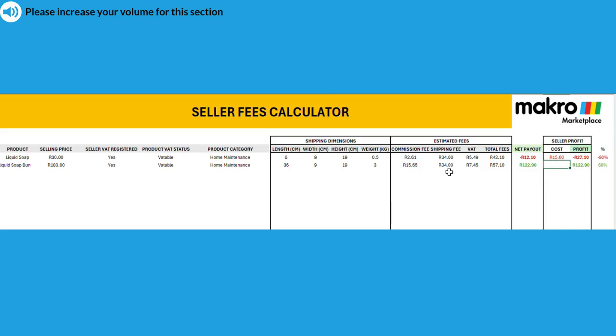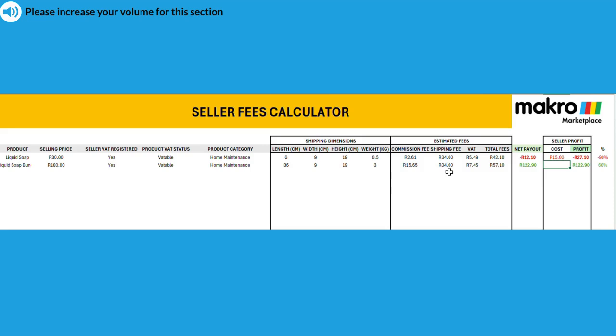But now this fee is being applied across the whole bundle of 6, meaning per unit your shipping fee has decreased significantly. In this case, your total fees, including the VAT, would be 57 Rand and 10 cents, and your net payout would now be 122 Rand and 90 cents every time you sell this bundle of 6.